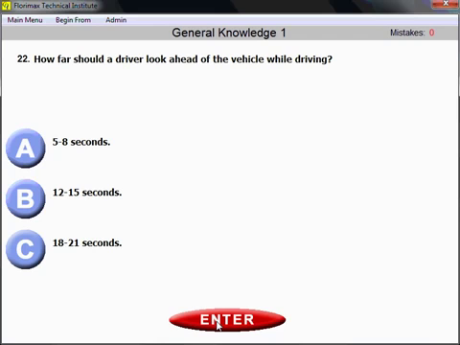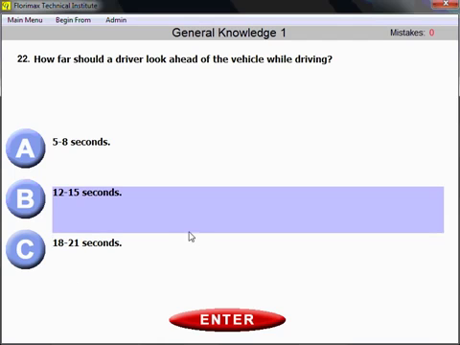Question number 22. How far should the driver look ahead of the vehicle while driving? Please just remember, 12 to 15 seconds. That's the type of question you just need to simply commit to your memory. How far ahead of your vehicle should you look?